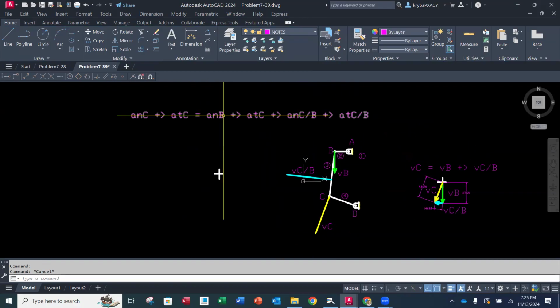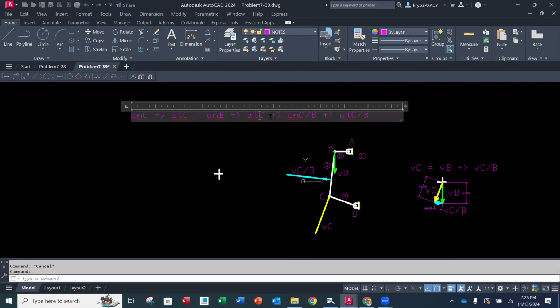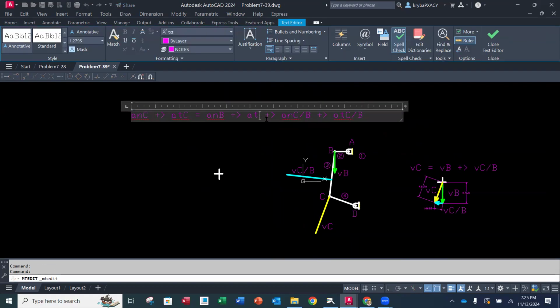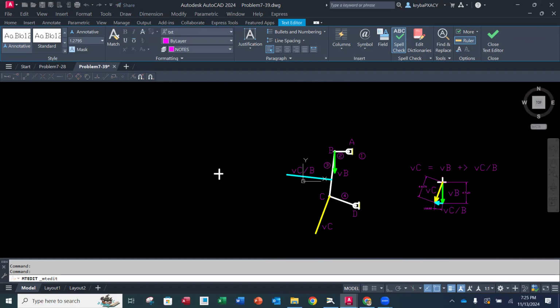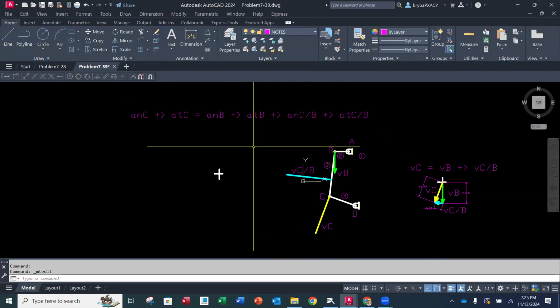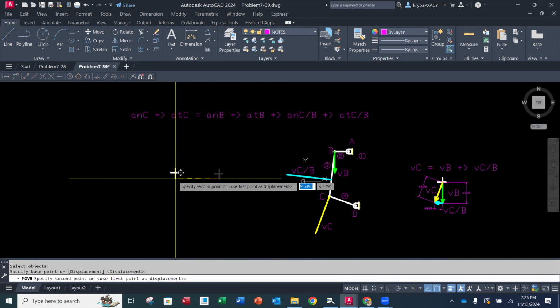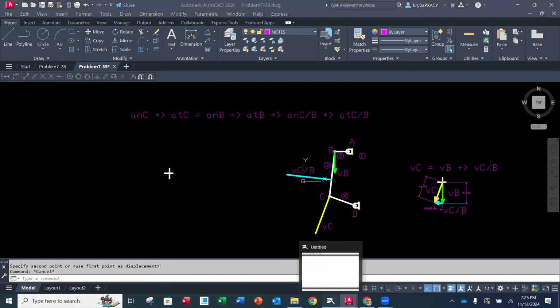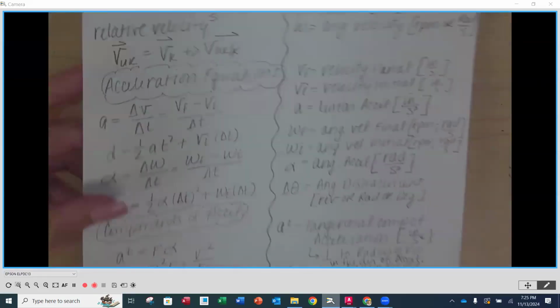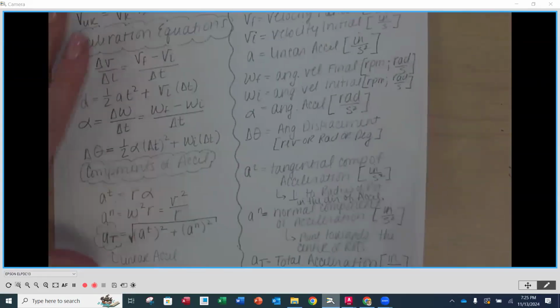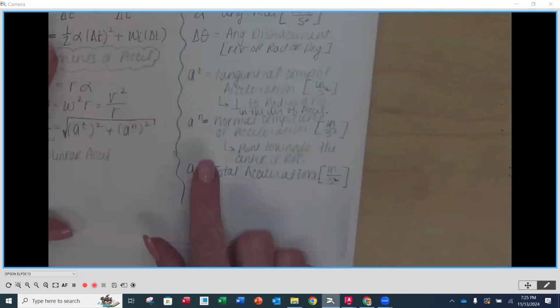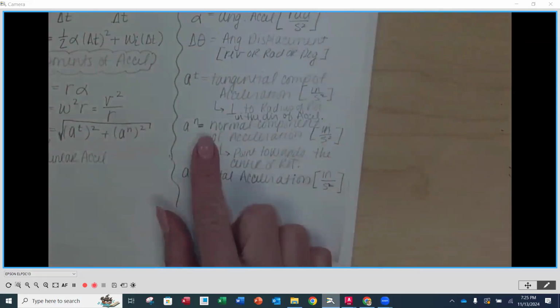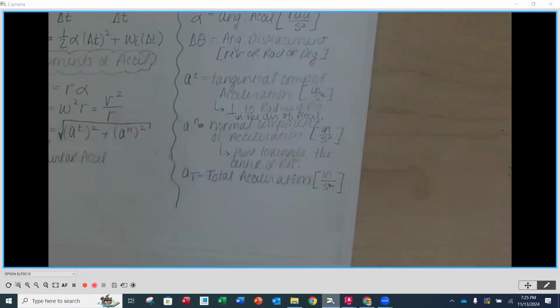So we know the most starting on the right-hand side. Let's see, I gotta do this one. It's gonna be B. There we go. We're gonna know the most right here. So we're gonna start with our acceleration normal at B. As we look back underneath and we use our equation sheet, we know that the normal components are always going to point from their point down towards their center of rotation.